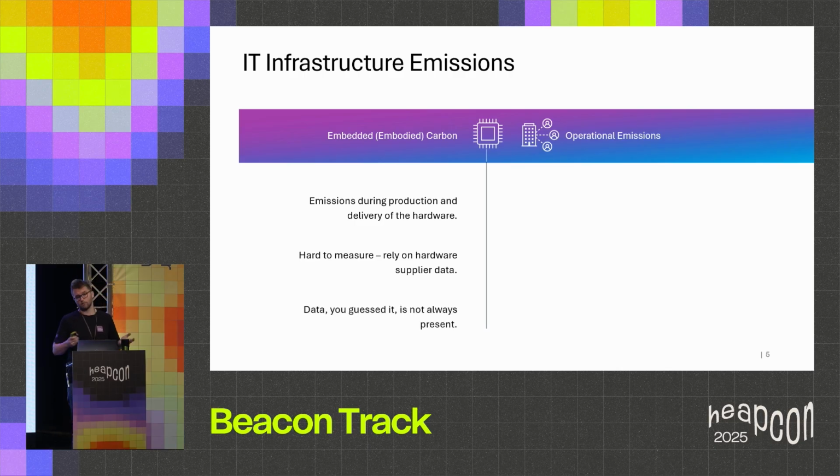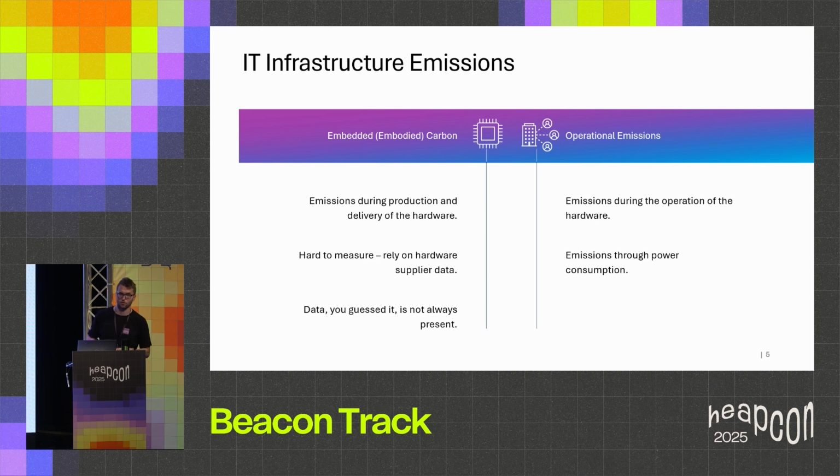And this data, you guessed it, it's often not available, so you need to evaluate the data, or maybe finger estimate it, whatnot. And the second step are the operational emissions during the operation of the hardware. And mostly, it goes through power consumption. So this will be our driving force here and in this talk.